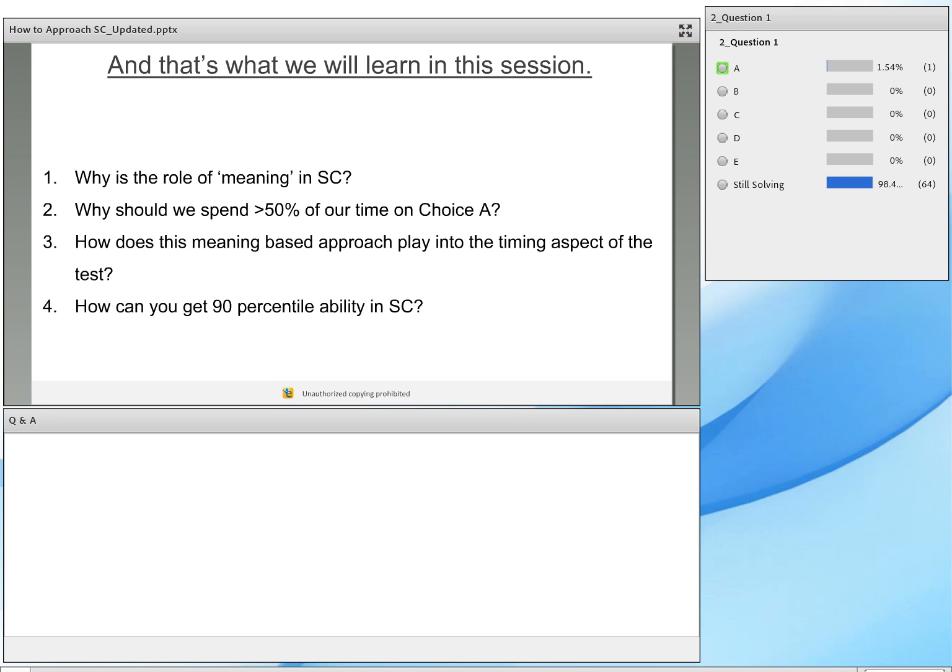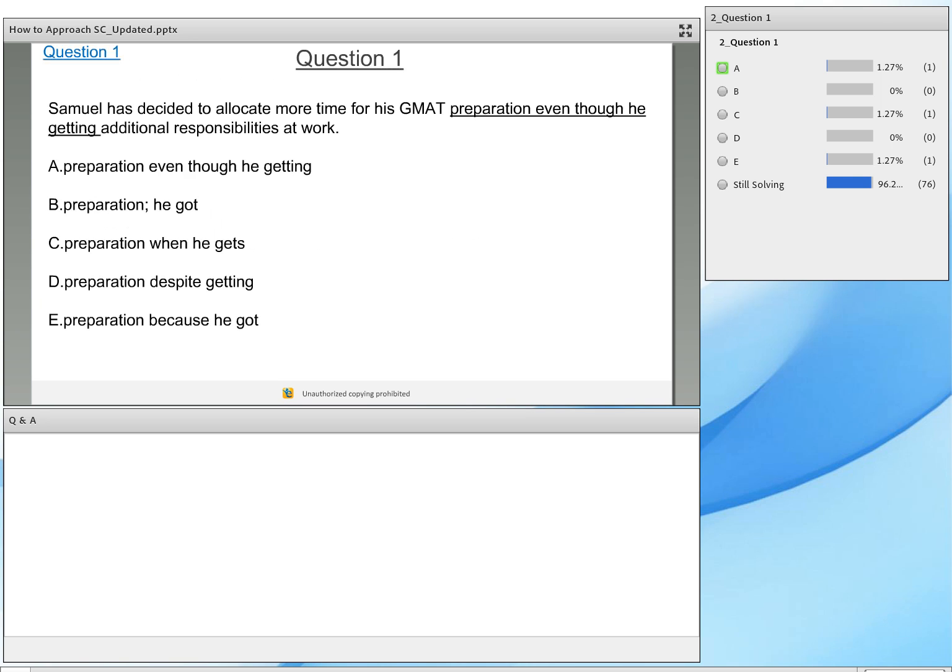All right. I have about 175 people in this class. Let's get this number to at least 100 still solving. I'll share the question just in a second here. All right, here you go. Here's the first question.